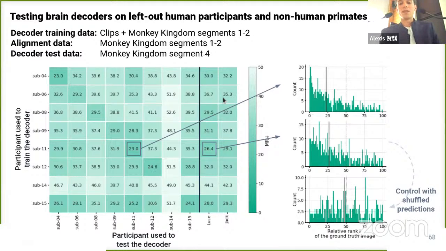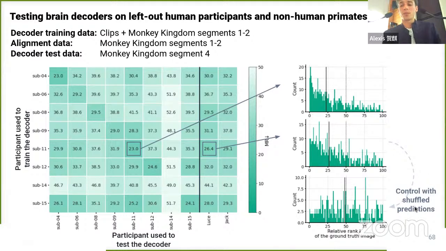What you see here is the median rank of our decoding distributions, and the last 2 columns are the results for the monkey subjects. What you see is that, again, we achieve better than chance performance in these participants, and that the performance is somewhat comparable to that of human beings.